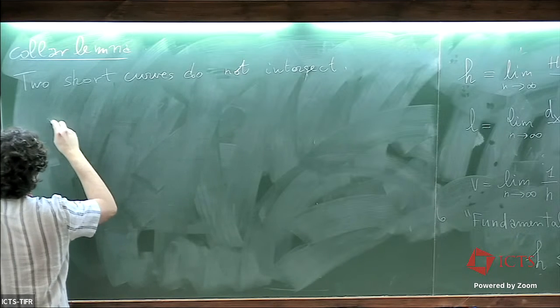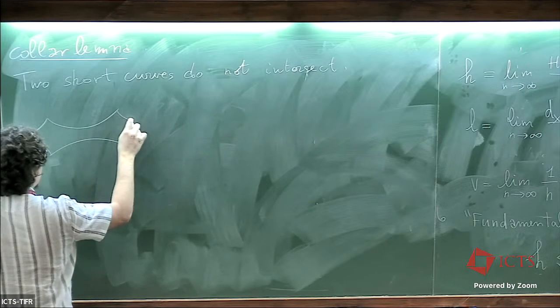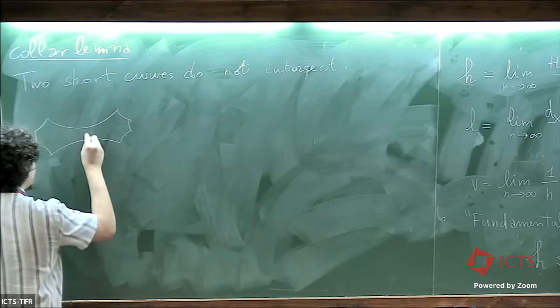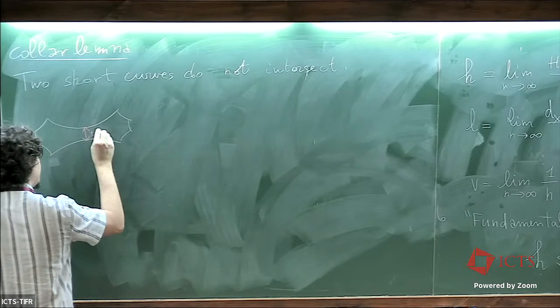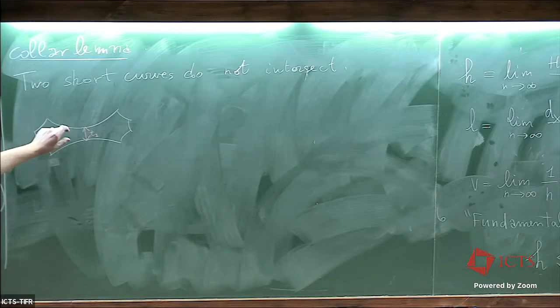So the idea is that if you have an octagon like that, this would mean that there's a short curve, let's say Ti. And this would be bad because if this goes to 0, this term gets close to 1/2. So if you had another short curve, this would not be good.